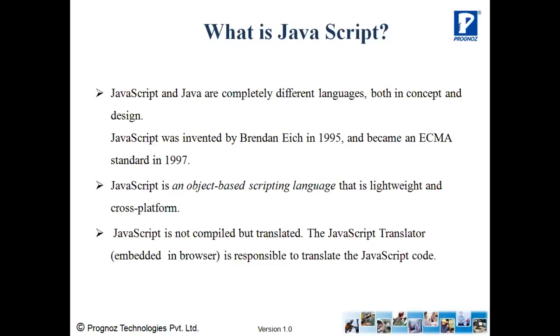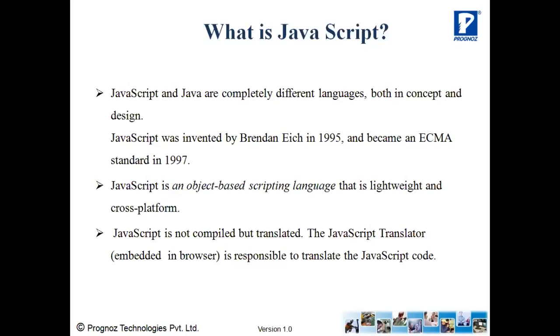There is no limitation that you can use JavaScript only with .NET or only with PHP. It is a separate language which can be merged or integrated within any other platform, within any other language, and that's why it is called cross platform.